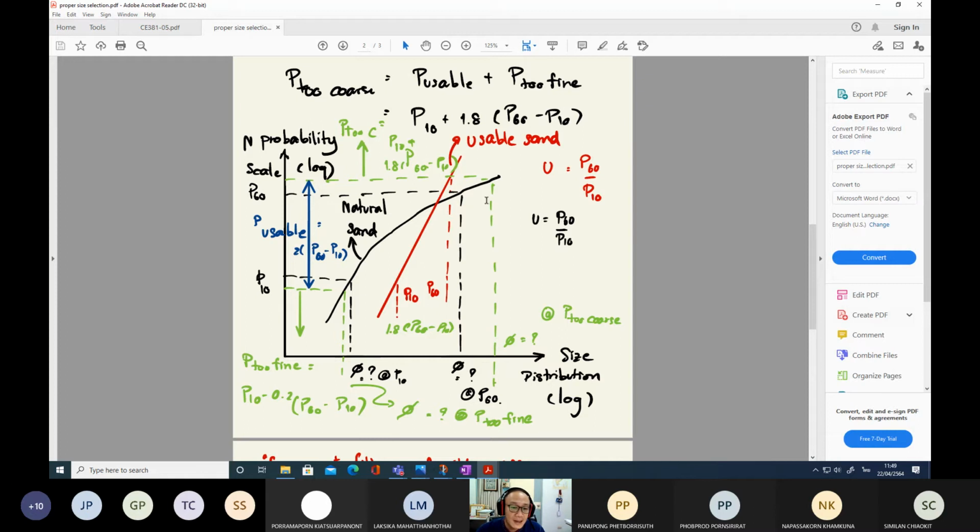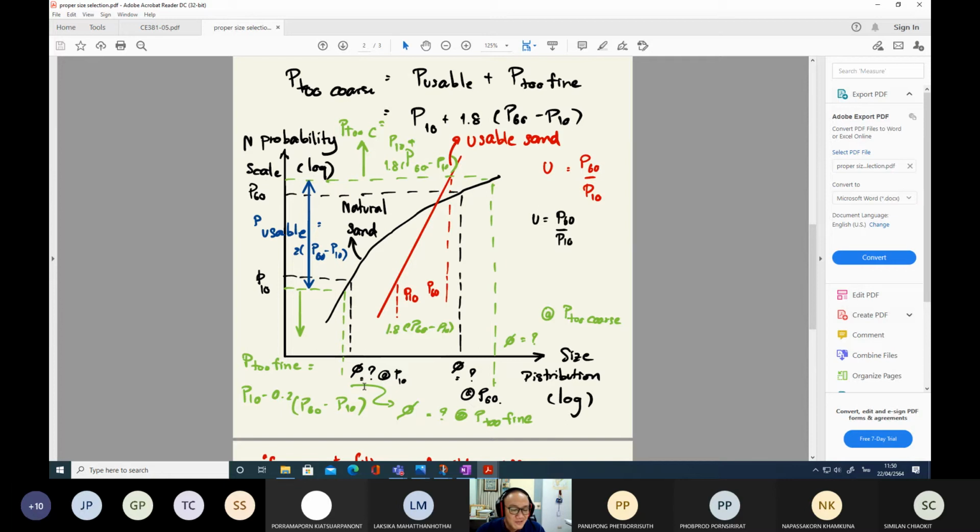So if we plot it like this, what is the P10? This is the P10, and then this is the P60. The y-axis is the probability scale, and then the size distribution is shown on the x-axis.